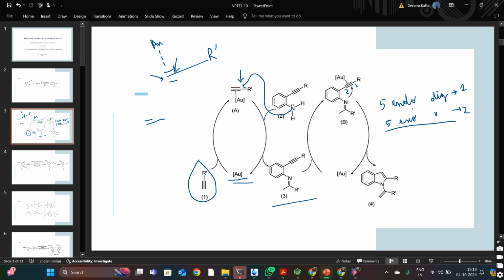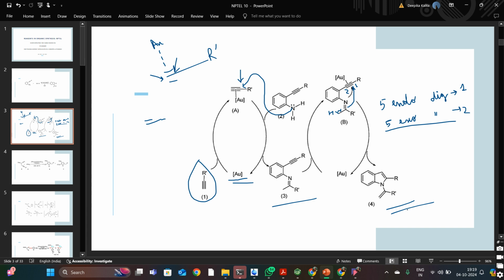Okay, so out of these two possibilities 1 and 2, you have to go for the cyclization at carbon number 1, which is going to give you a 5-membered ring of this type. Okay, and talking about the cyclization, the imine arrow pushing you have to show in this type.